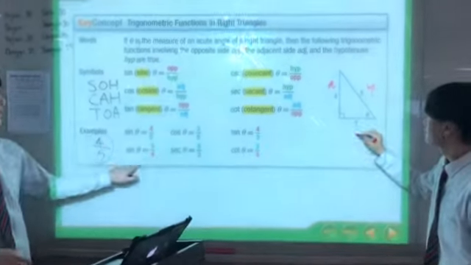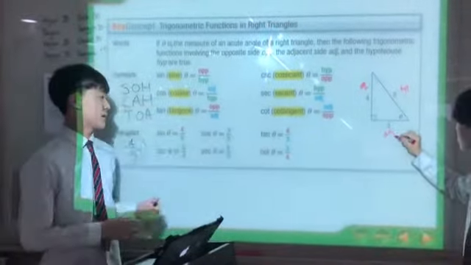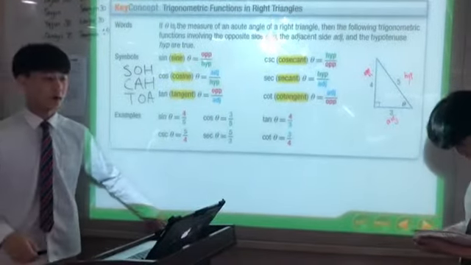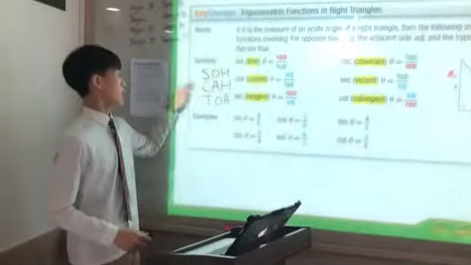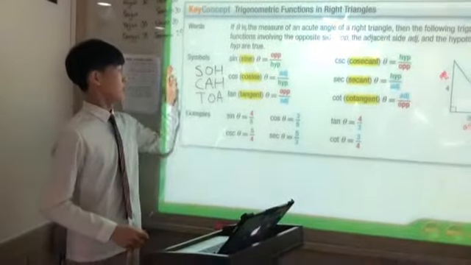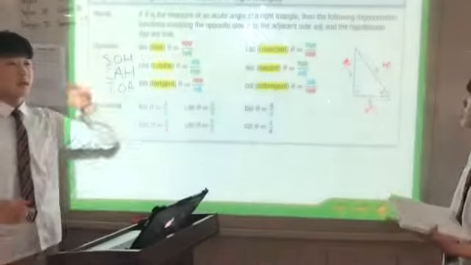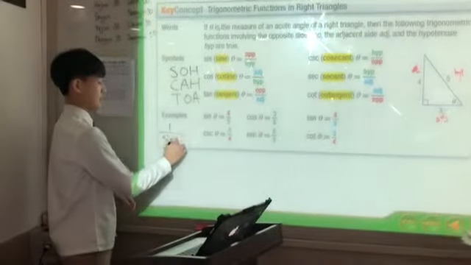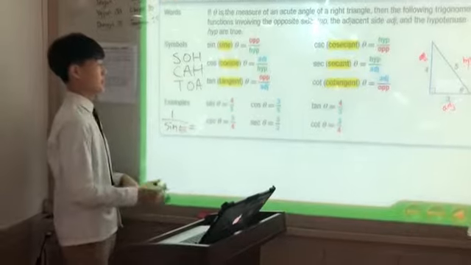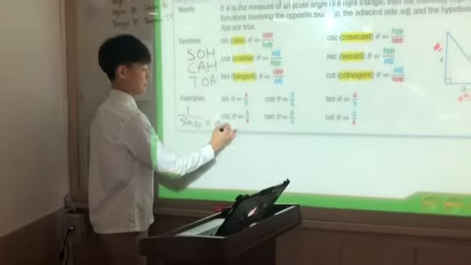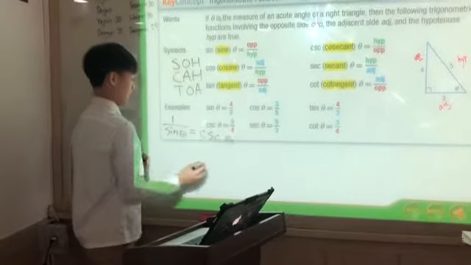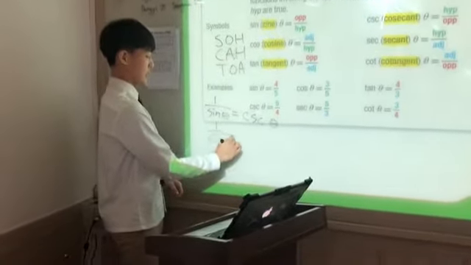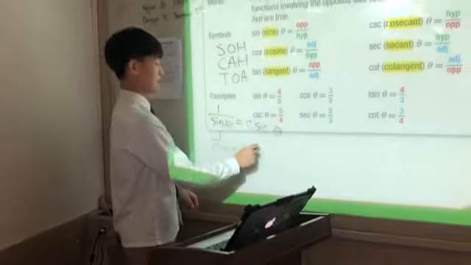And cosecant, secant, and cotangent are pretty simple. They are just the reciprocals of sine, cosine, and tangent. So 1 over sine theta is cosecant theta, and 1 over cosine theta is secant theta.